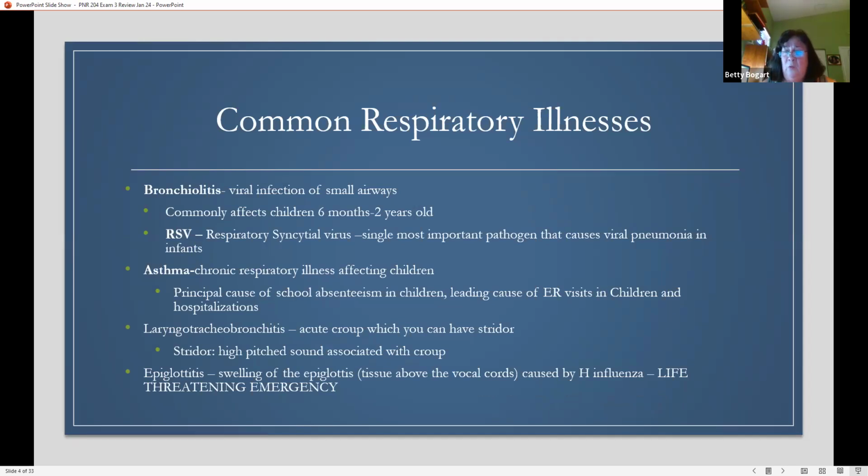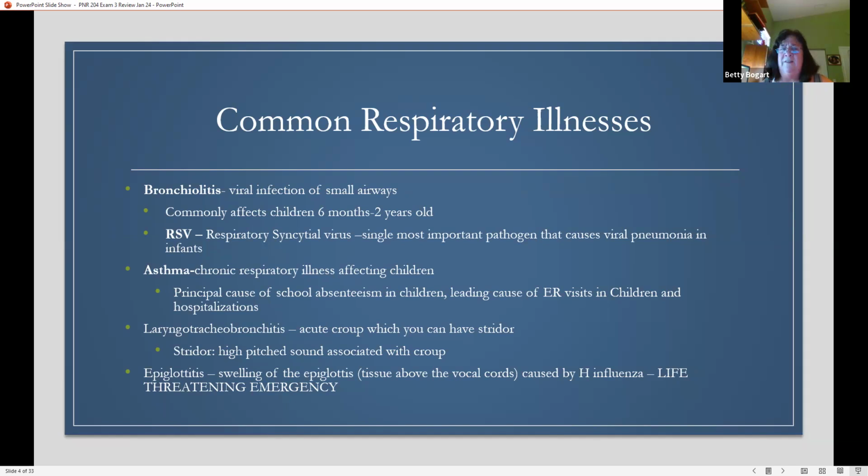Bronchiolitis is another word for RSV. So if you see RSV or bronchiolitis, it's the same thing. What do we see with it? Well, the most common pathogen is viral. What we're more concerned about is your younger children, 6 months to about 2.